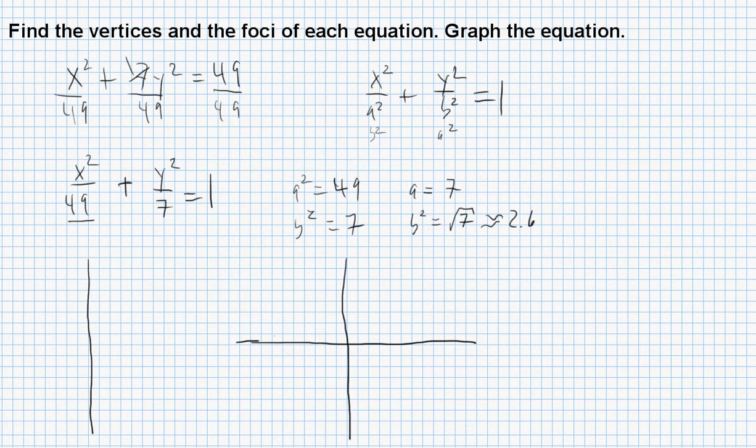That'll be 1, 2, 3, and 1, 2, 3, and so on. Now we can see from the form of the equation that the h and the k, which is the center point, is 0, 0. So the center is going to be at the origin.